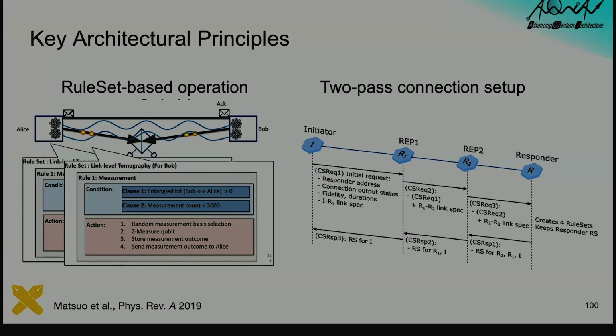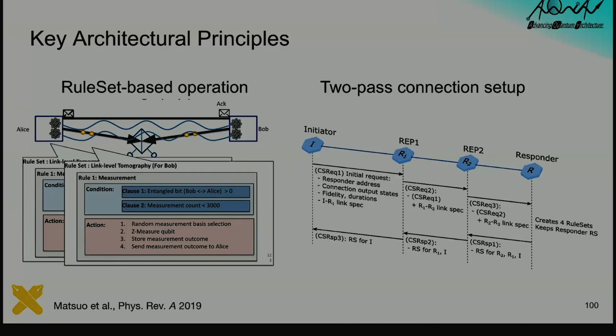Because in fact, as I said, this is essentially a distributed computation. All of the nodes across the entire chain are involved in creating that end-to-end Bell pair. And again, this is in 1G networks, and you'll hear more about 2G and 3G networks later this week.